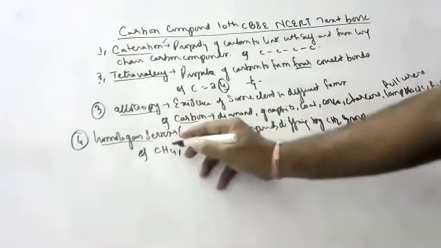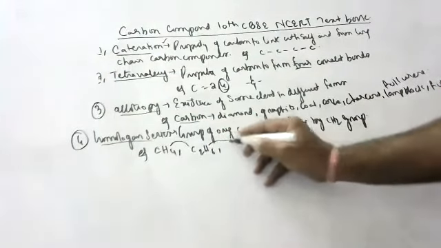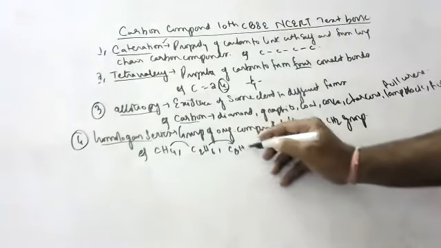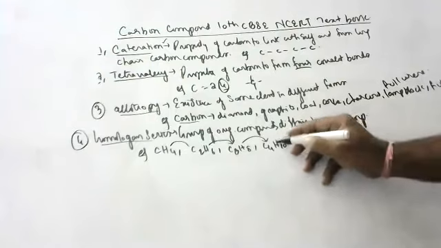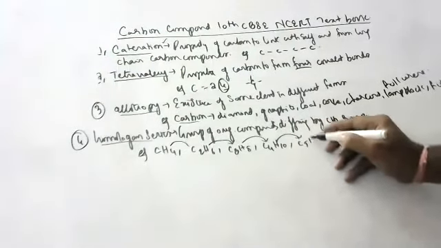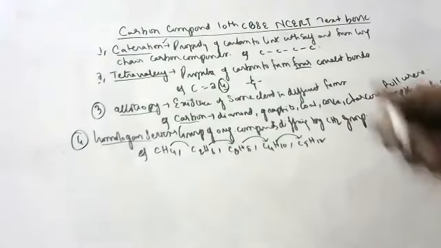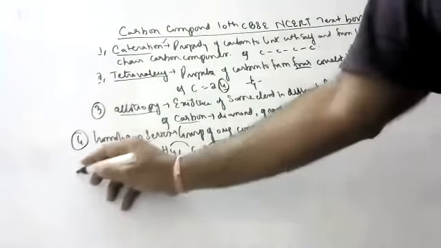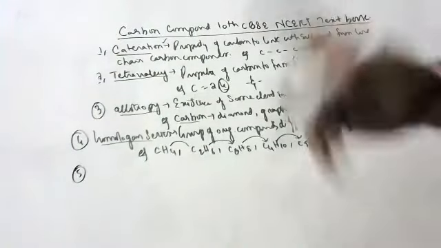If I add CH2, what do you get? C2H6, ethane. Add CH2, C3H8, propane. Add CH2, C4H10, butane. Add CH2, C5H12, pentane. Like that, if you keep on adding CH2, you get the next higher compound.